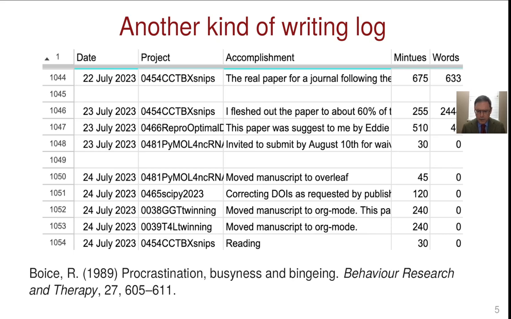As you can see, on July 24th, 2023, I worked on 5 different writing projects. This would not have been possible if it had not been for having 5 separate writing logs where I could figure out where I had started and where I would report the day's progress before maybe taking a break and then switching to another writing project. So the writing log helps reduce switching costs between projects.